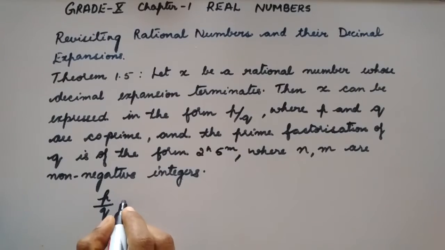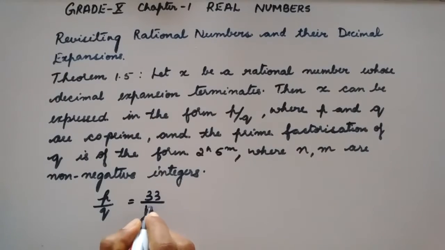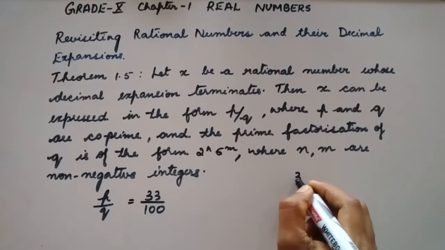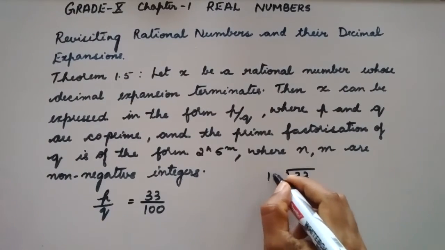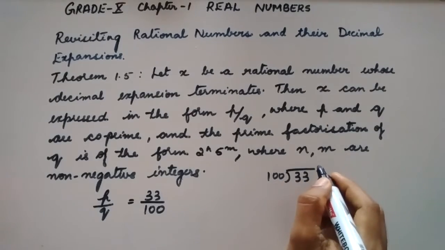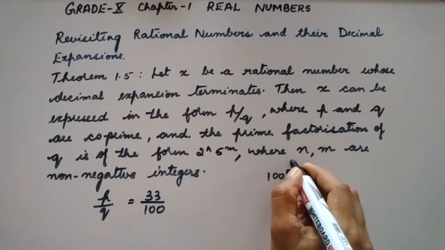Let's suppose I take an example. p by q is 33 by 100. So 33 by 100. 33 doesn't go in 100, so let us put 0 here.